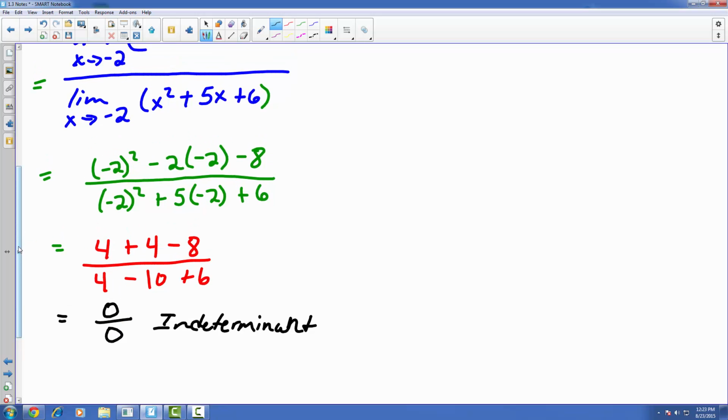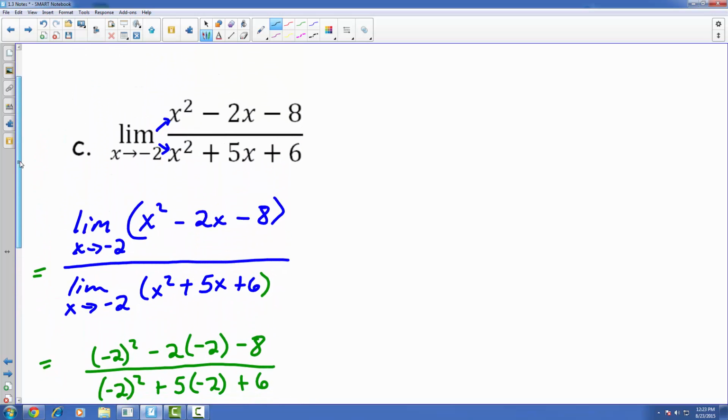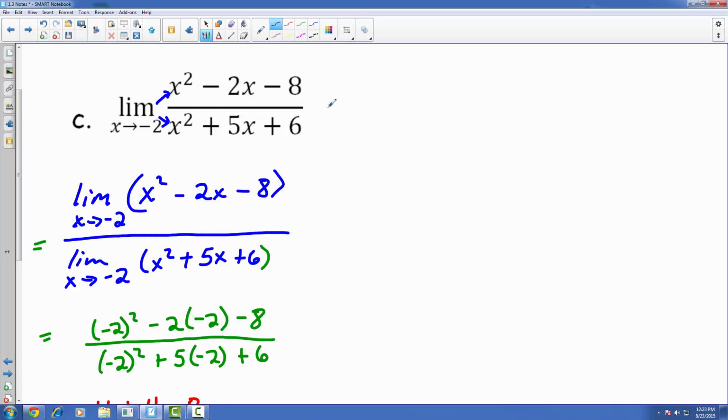However, when we're talking about limits, there is something we can use in our arsenal, and that is factoring this. Anytime you try direct evaluation like we've done, and you end up with a 0 over 0, that's not going to work. You actually have to factor something and get something to potentially cancel.